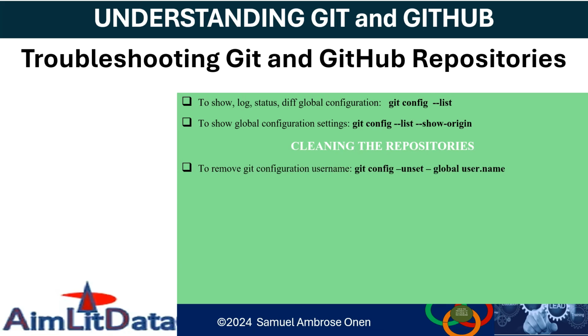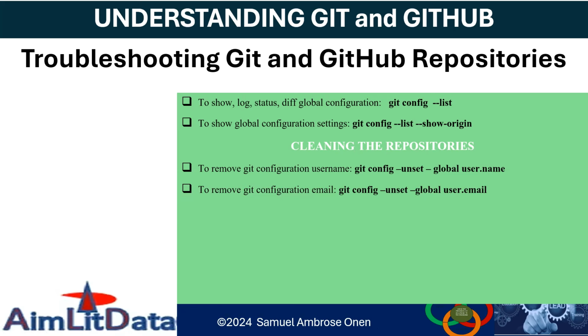Now we did remove Git configuration by using unset. Remember that the dash that you see there is a double dash, but on the screen, I don't know why it did not show the double dash. So you write git config --unset --global user.username, and you do the same thing for email as well as for initialization of the branch.